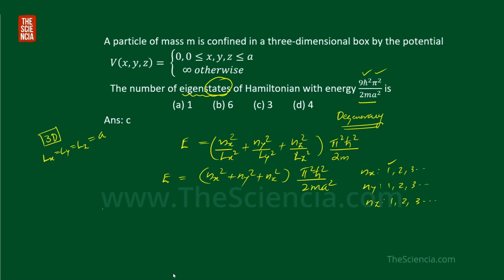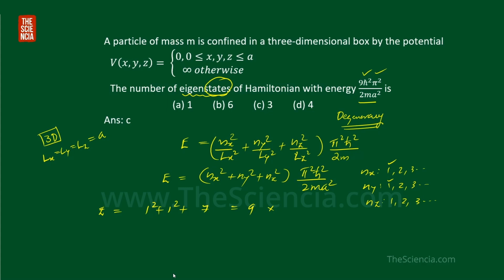Then the energy will be 1 square plus, ny also I am taking as 1, that is 1 square, plus nz square. So the total value should be 9, right? The remaining value here is 7, and 7 is not a perfect square. So no value of nz is suitable here, and this is not a possible combination.